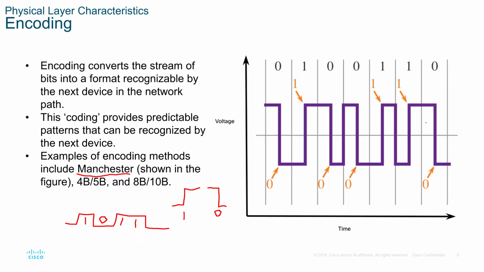As we can see in the diagram, we have a transition from high to low as a logic 0, low to high as a 1, high to low as a logic 0. We then need to return. We have another transition from high to low for a logic 0, low to high for a logic 1. Again, we need to return, and a transition low to high for a logic 1.